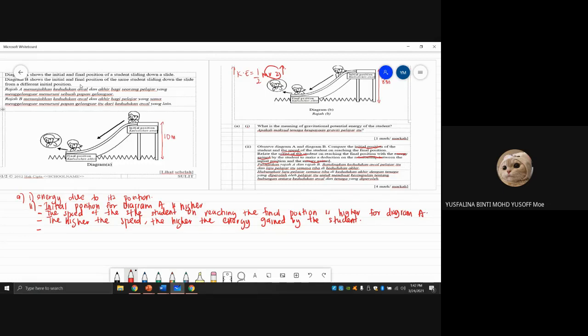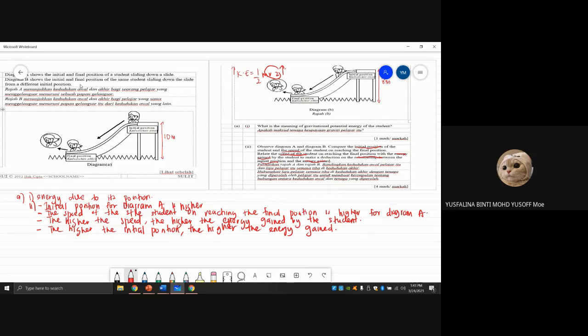So for point number 4, I just give you the answer for this one: the higher the initial position, the higher the energy gain. Okay, so that's the question for A2.